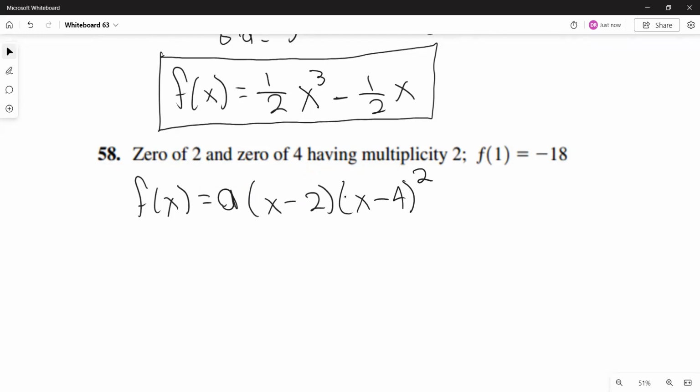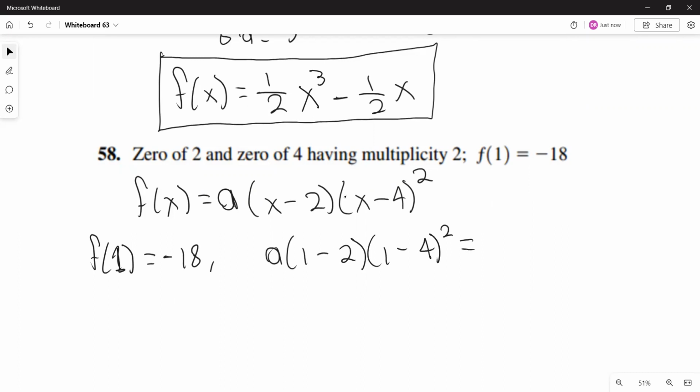So what I'm going to do next is use the fact that f of 1 is -18. So f of 1 equals -18. This implies that a times 1 minus 2 times 1 minus 4 squared is -18. So that's -1 times -3 squared.